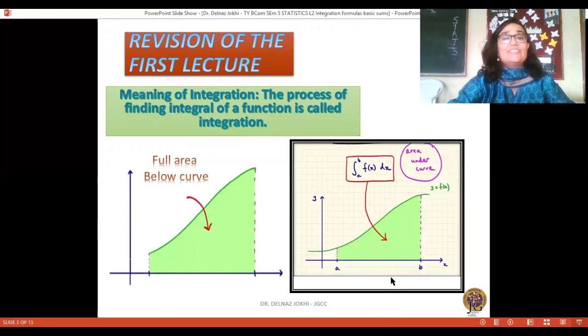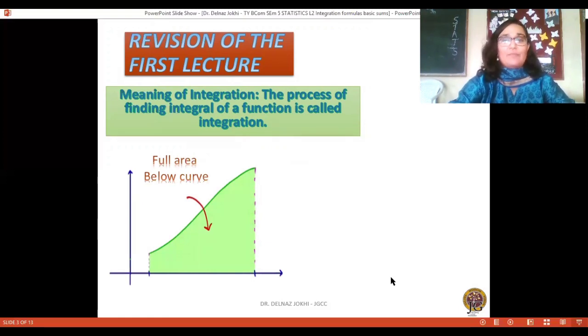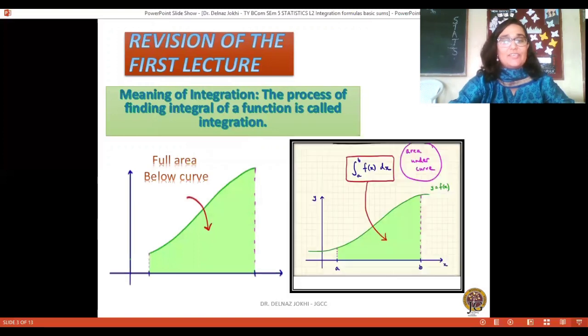Now, look at the second graph on your screen. I'm sure it is flashing on your screen. Can you see it? Very good. This is a graph showing definite integration. The first graph, where you find the full area below the curve, was regarding simple or indefinite integration. The second graph is regarding definite integration. Do you see over there?